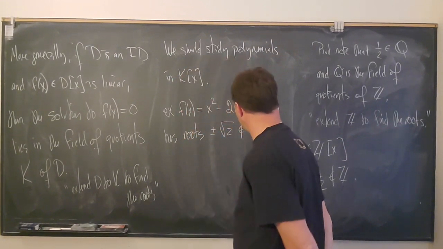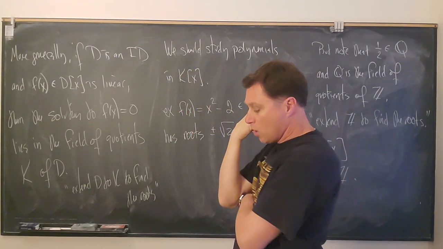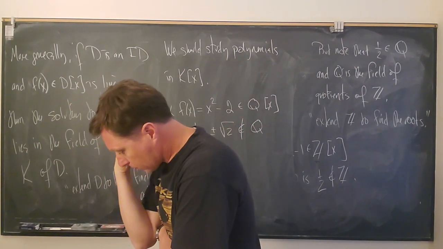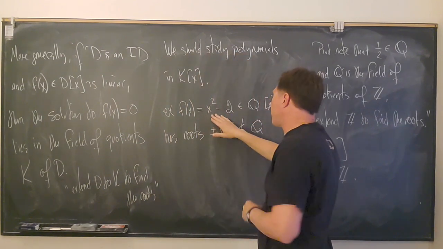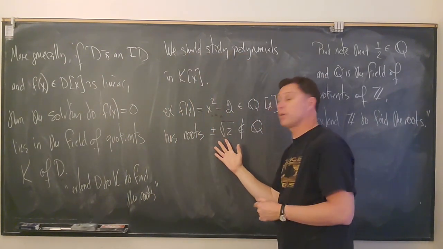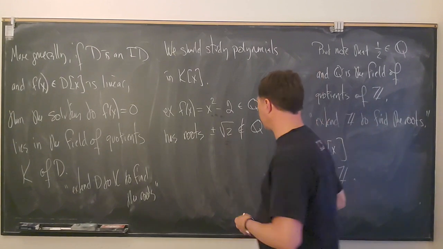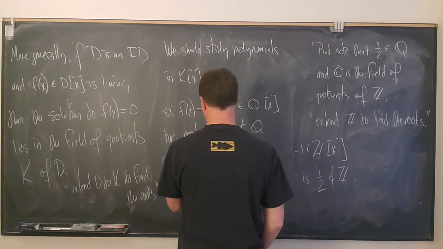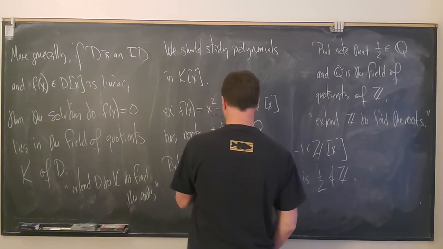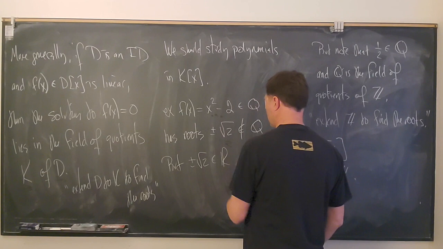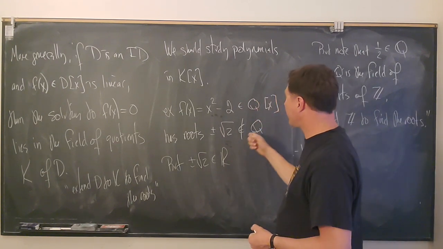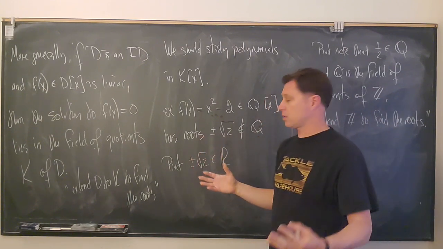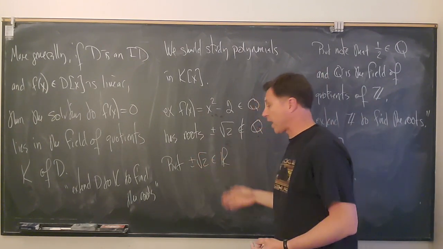And so once again, what do we do? If we wanted to factor this polynomial, or find the roots, one place we look, we know that these are real numbers. So we could say plus and minus root 2 live in R. And so once again, we can extend Q to some bigger field, expand it to a place where we actually find the roots.